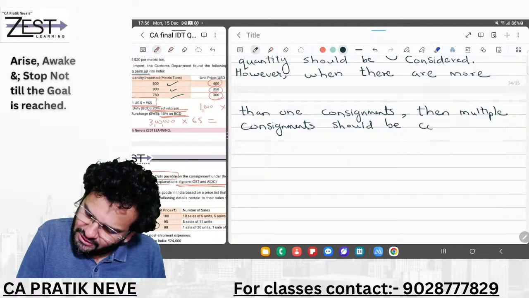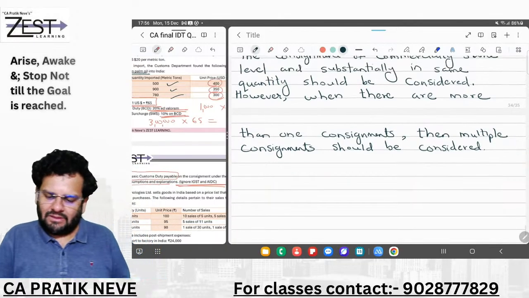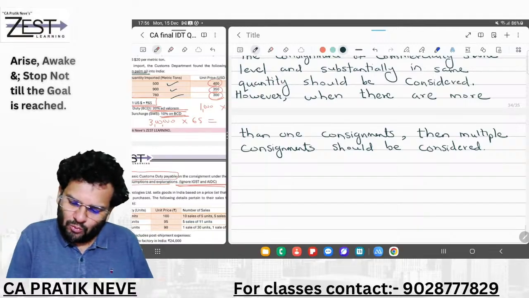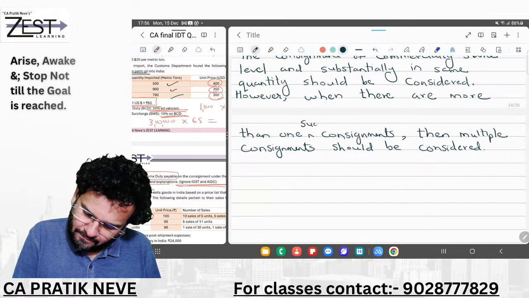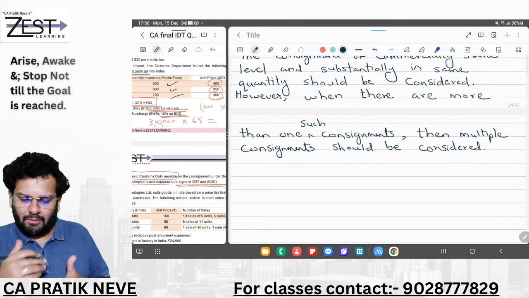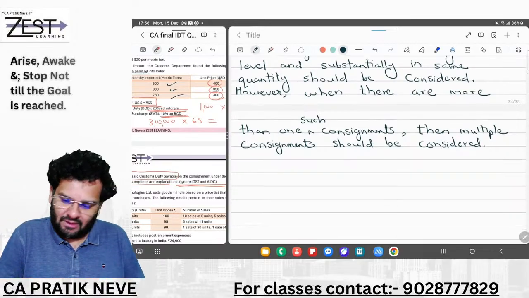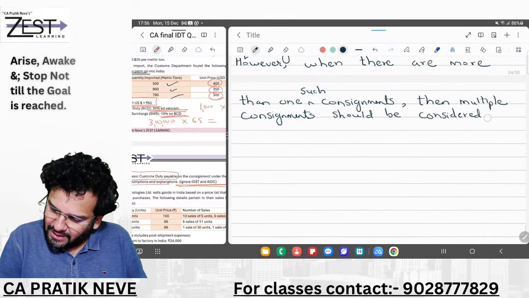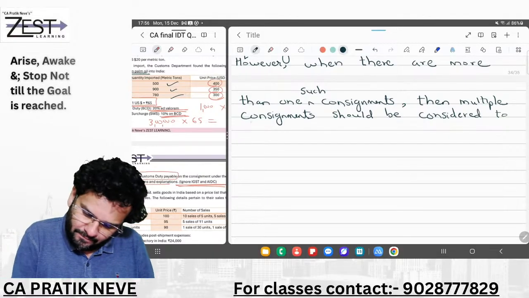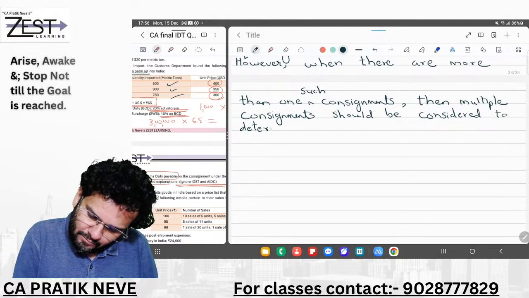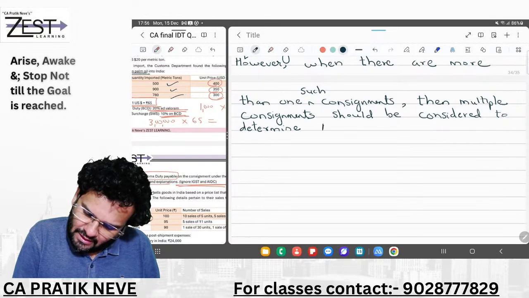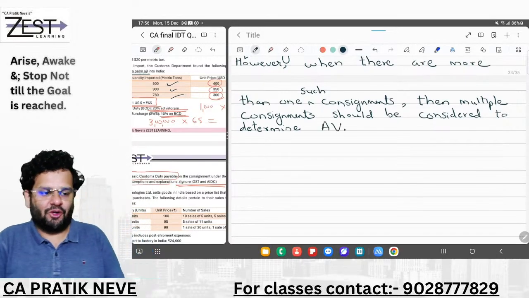Now, what we should have written here? However, where there are more than one such consignments, then multiple consignments should be considered to determine assessable value. Got it?